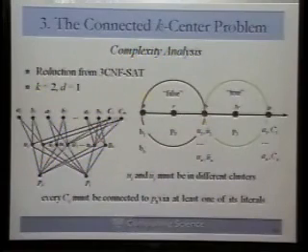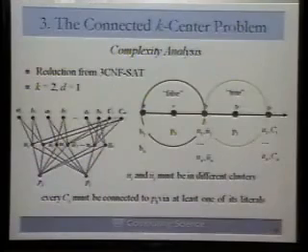In order to enforce this constraint, every Ci must be connected to P1 by at least one of its literals, which is exactly equivalent to the 3CNF requirement of the 3CNF SAT problem, namely that in order to evaluate the entire formula to true, each of the subformulas must have at least one valid literal. So this is the idea behind the reduction of the connected k-center problem from the 3CNF SAT problem.